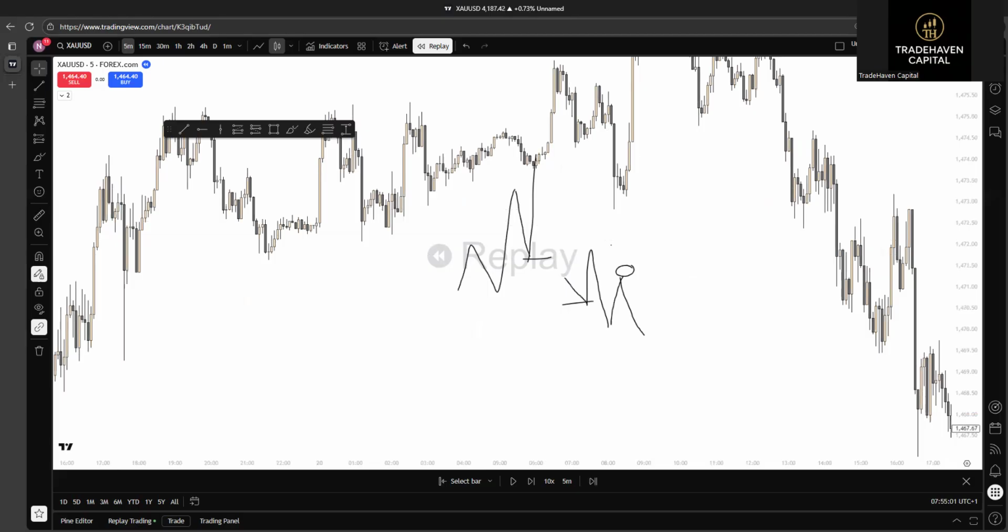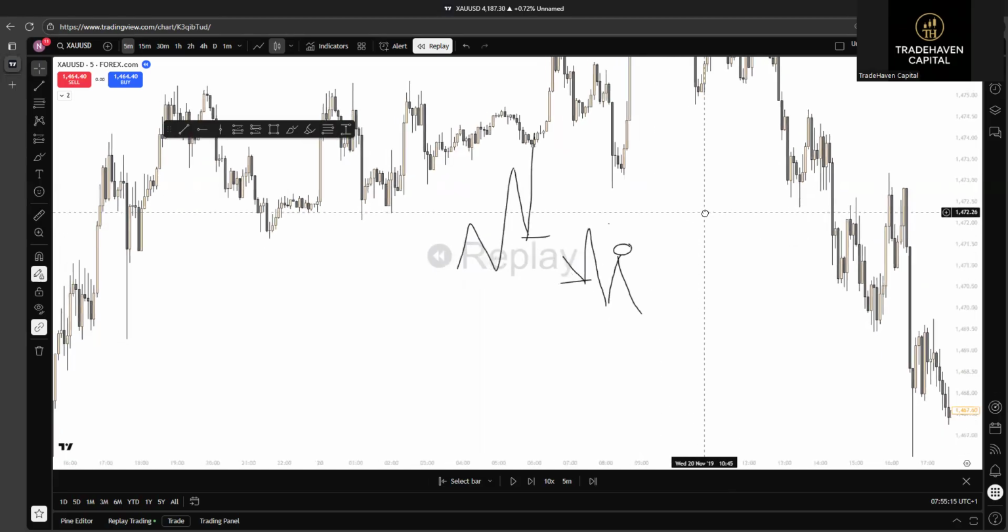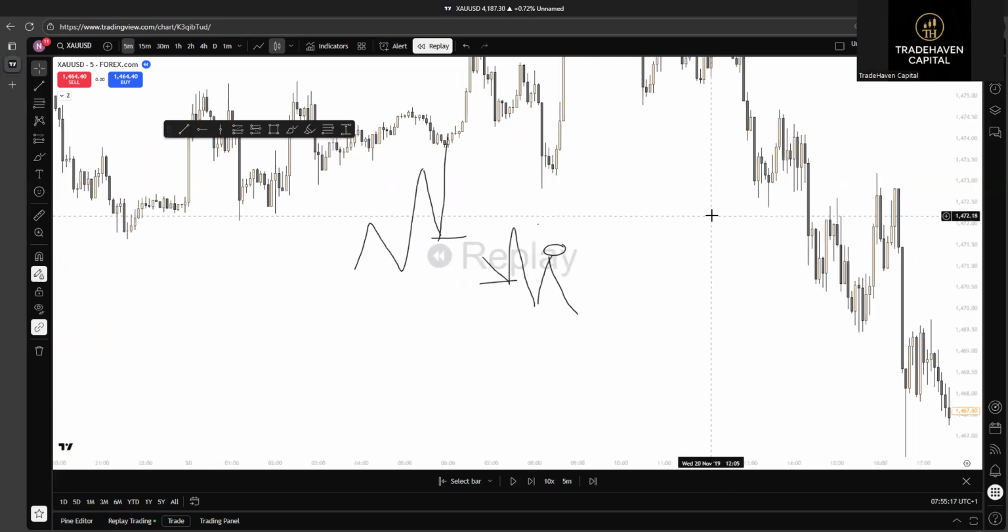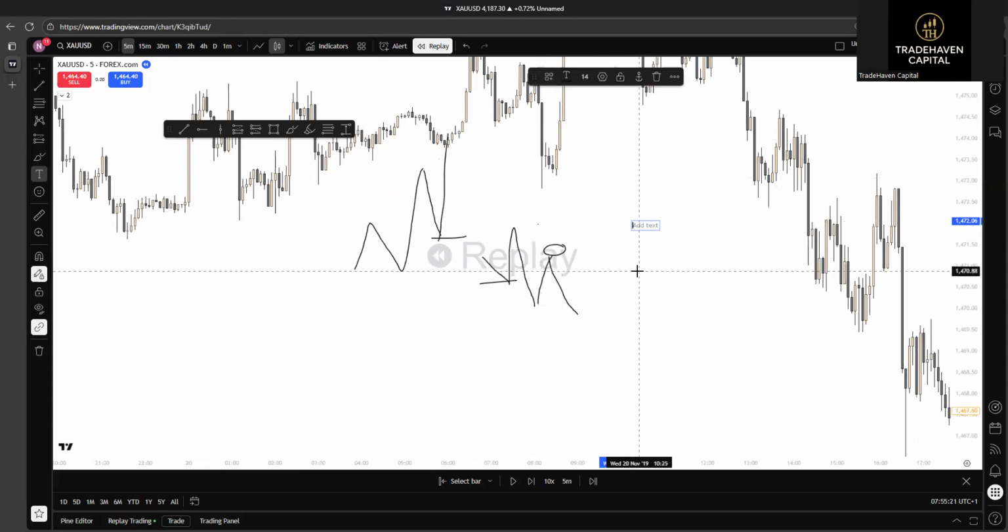So now, over time, educators started adding more labels and definitions to these structures. And I believe you've probably heard BOS, like break of structure. You've probably heard CHoCH.